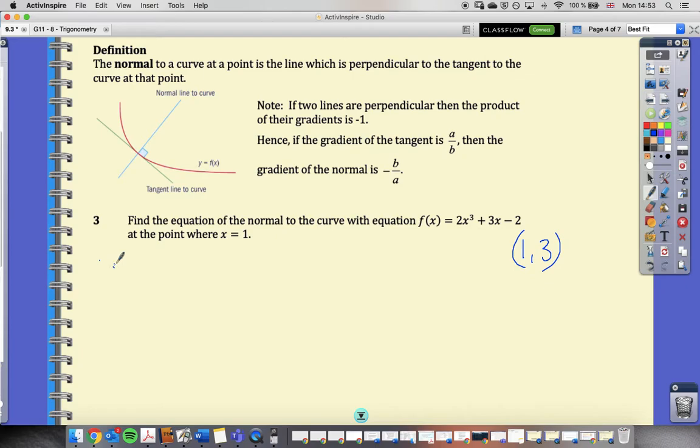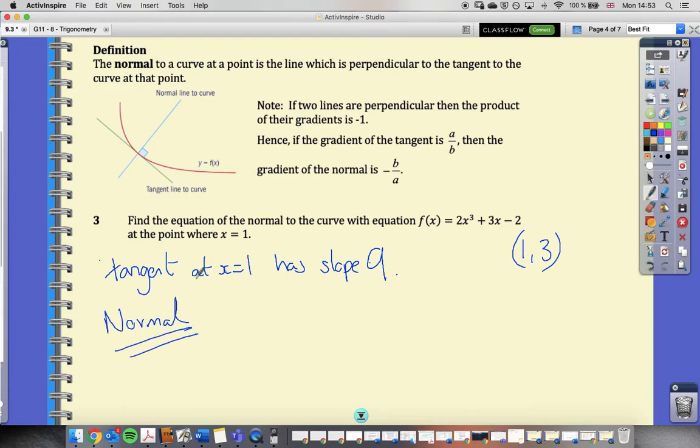So the tangent at x equals 1 has slope 9. If I want to find the normal, the slope of the normal will be the negative reciprocal of that, so it will be -1/9. And we have this point that we're going through, 1, 3.